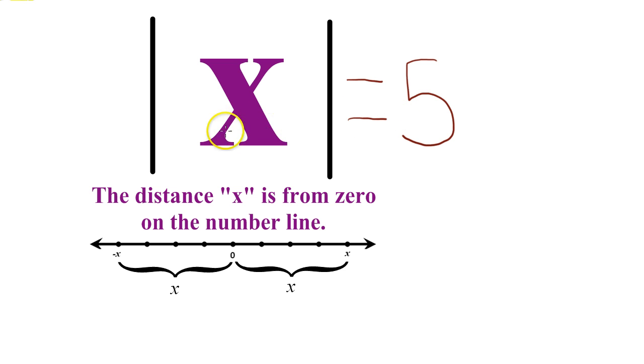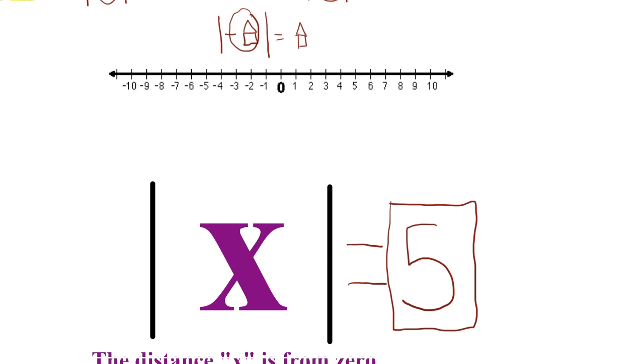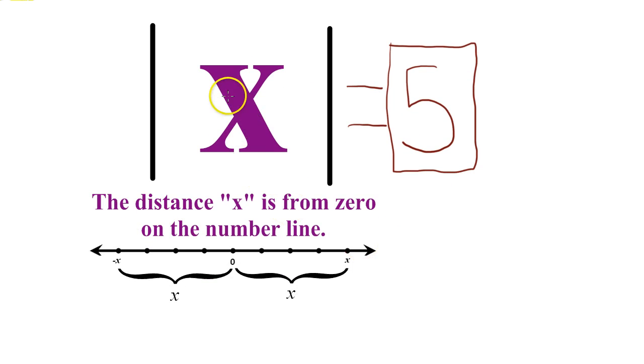It's saying, I have no idea what's in here, but I want it to be a distance of 5 from 0 on the number line. So it's actually telling you the distance, whereas back here it was asking how far it was. In this question, it's saying, I'm actually telling you for a fact that whatever is in here has to be 5 from 0.